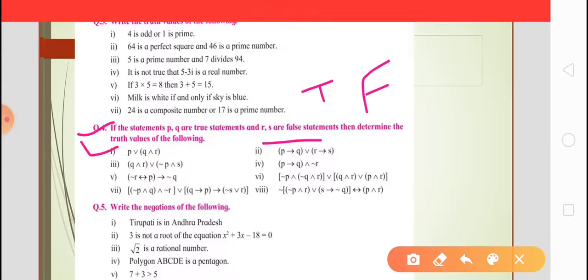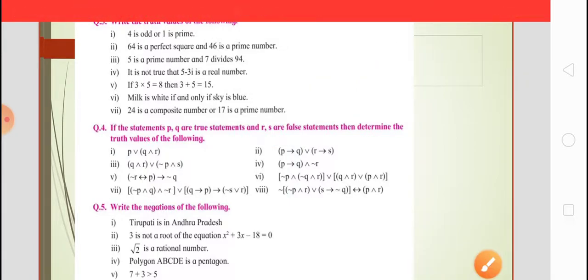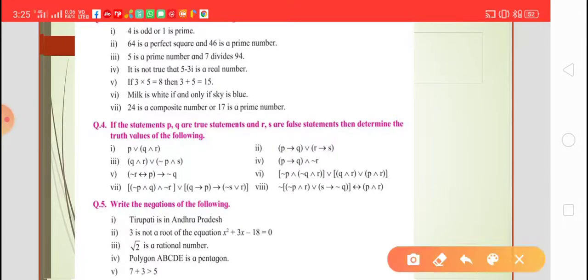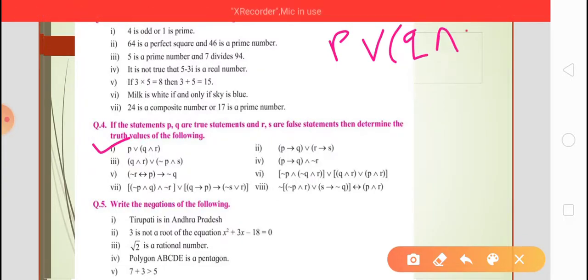So let us take the first example. P disjunction, Q conjunction R. Friends, what is given here?